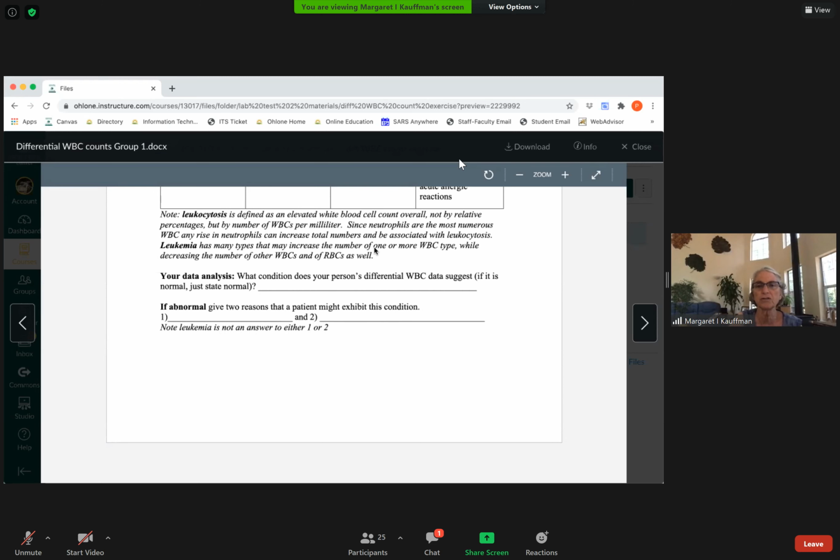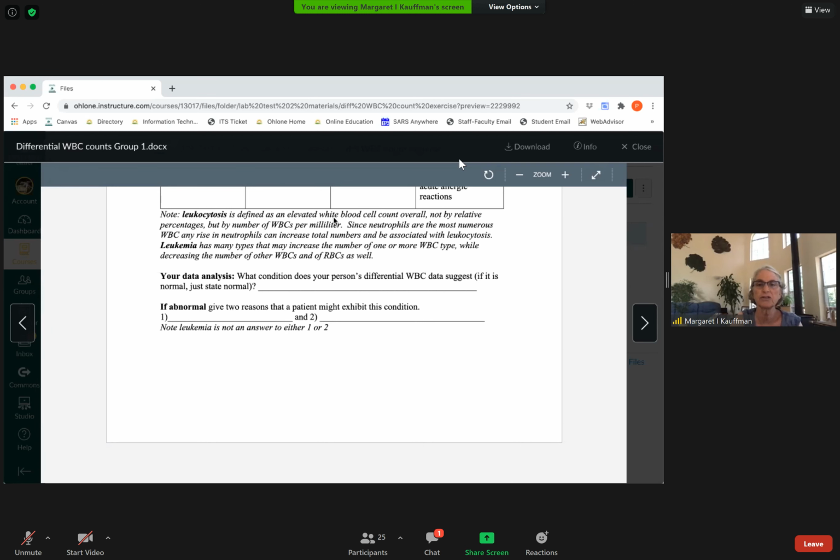Because with leukemia, there are so many different types. And whenever you see something elevated, the temptation, in my experience with students, is to call it leukemia and just let it go at that. So I'd rather you not choose leukemia. You should be able to come up with some other answer. This is also defined in the lab manual.